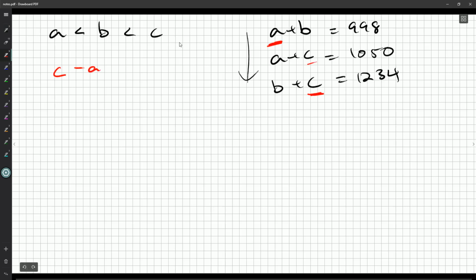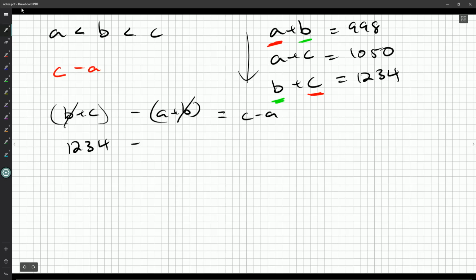In the sum that reaches 998 and the sum that reaches 1234, they both have the B, but they've got the C and the A. So if I do B plus C minus A plus B, the B's are going to cancel out, and the only thing that makes a difference is the C and the A. You'll get C minus A.